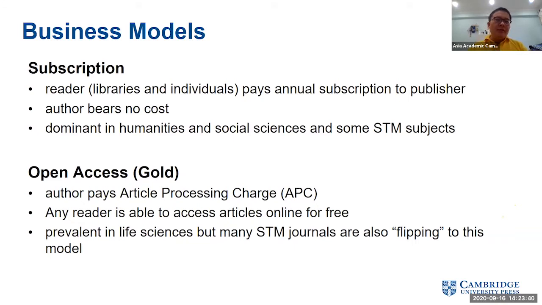But certain journals with questionable practice, what we call predatory journals, may just say, just pay me and I'll publish it, and I'll call it a gold open access journal. Something like that. More on that later.